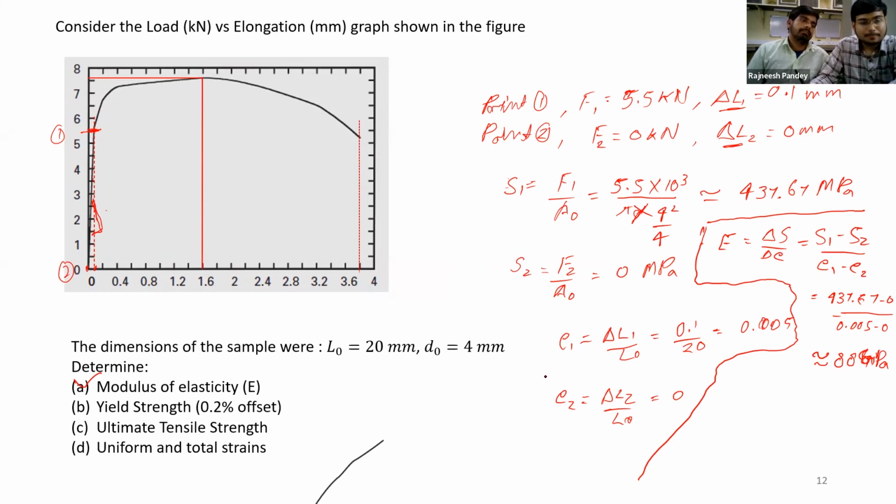Let me move to the next slide. The strain at the offset value, let me call it E offset, will be 0.002 or 0.2%. This is nothing but delta L at offset over L0, which is 0.002.